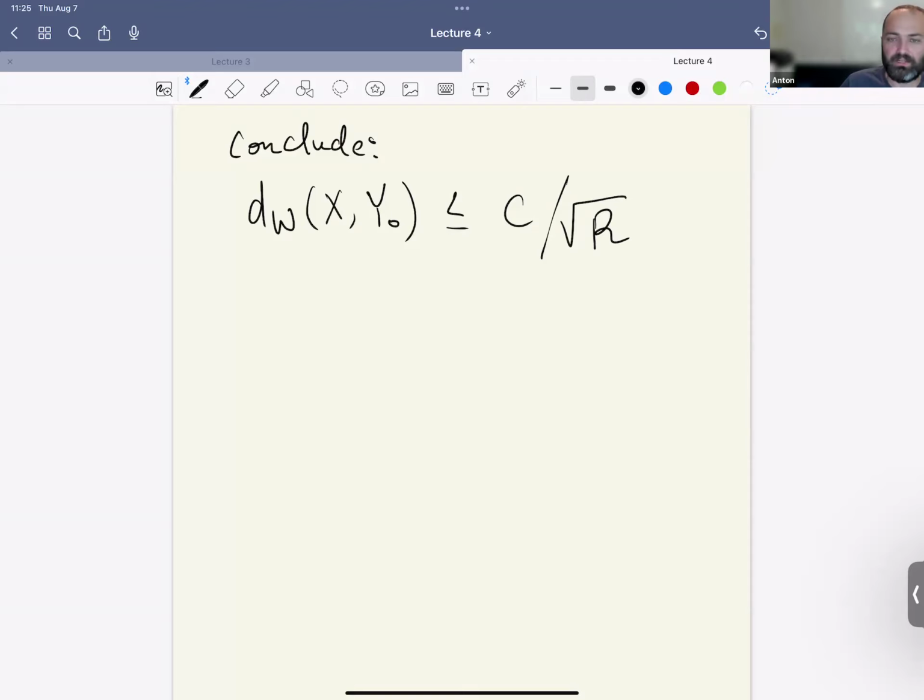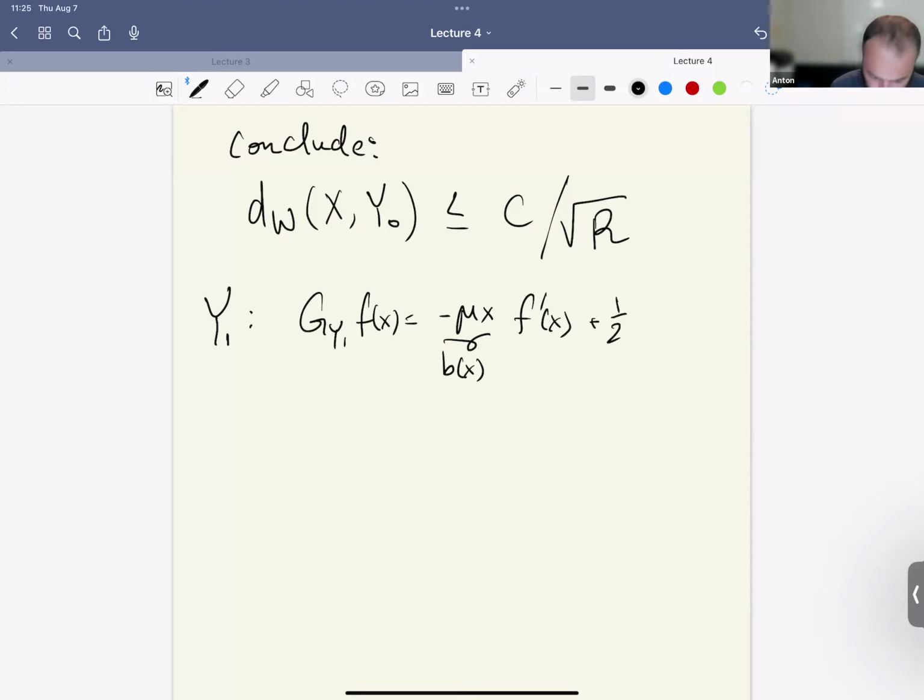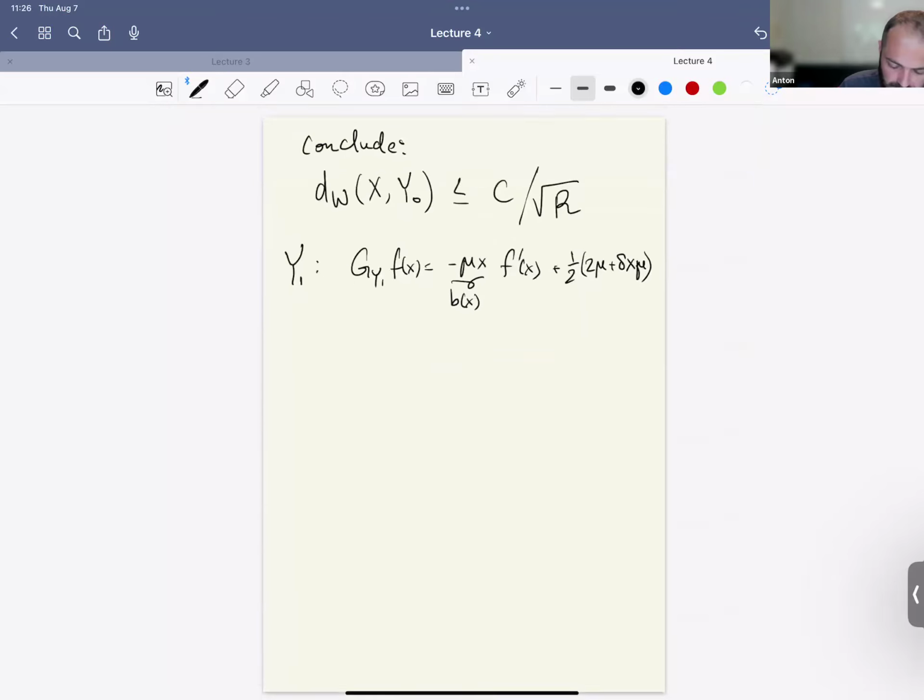Okay, well, that's nice, but we also had y1. And remember, y1 had the following generator. G y1 f of x is negative mu x f prime of x. This is called the drift. Plus 1/2 (2 mu plus delta) x, also mu, if I remember correctly.